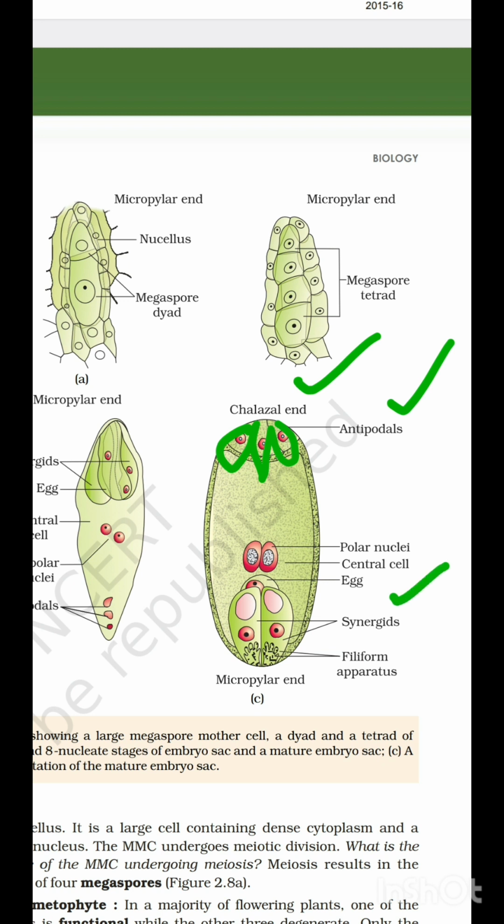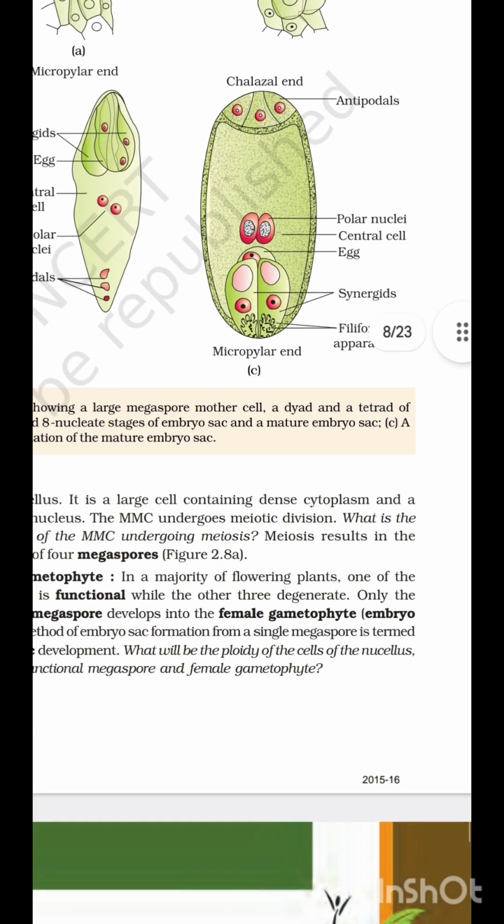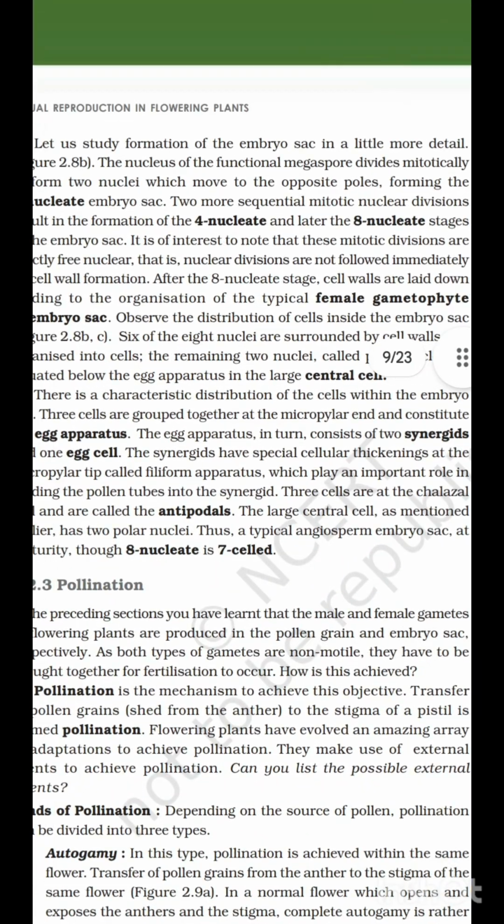In the middle, two nuclei are present in a large central cell. So a typical mature embryo sac has eight nuclei and seven cells, because in the middle the two nuclei are present in a single cell. So overall a mature embryo sac is seven-celled and eight-nucleate.